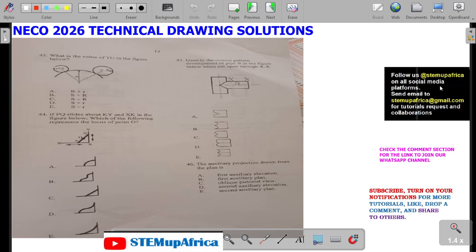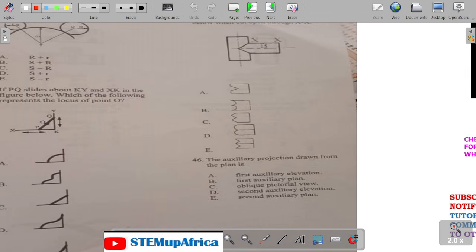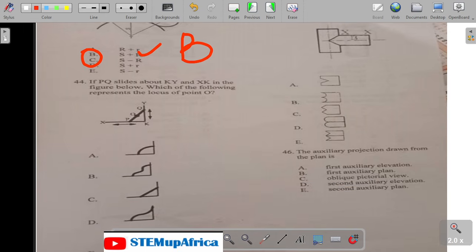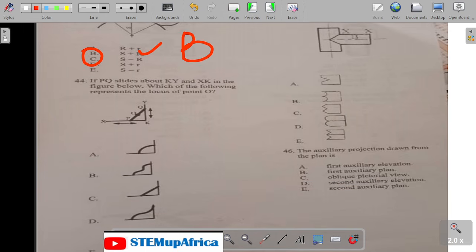Now look at 43. Here we have tangency. Say TU, the radius of T to U. This external tangent. So we are going to have X plus big arrow. X plus big arrow, which is B. This is a link mechanism for a door.